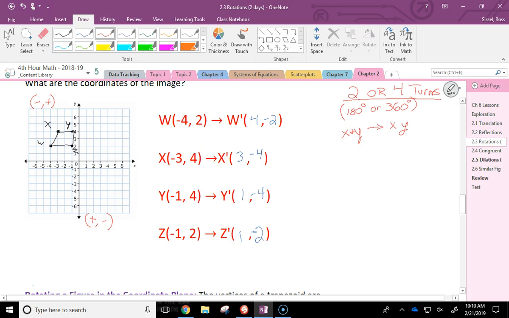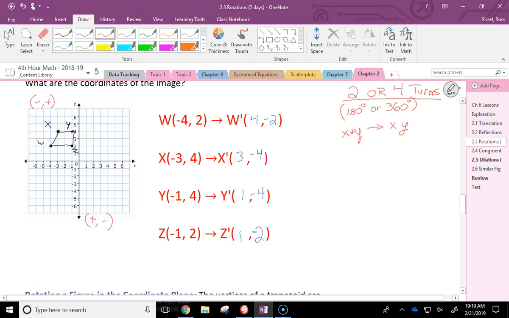We're going to leave them the same. So I had a -4. Just look at the number. I had a 4 and a 2. I'm going to put a 4 and a 2. I had a 3 and a 4. I'm going to put a 3 and a 4. I had a 1 and a 4. I'm going to put 1, 4. 1, 2. I'm going to put 1, 2.